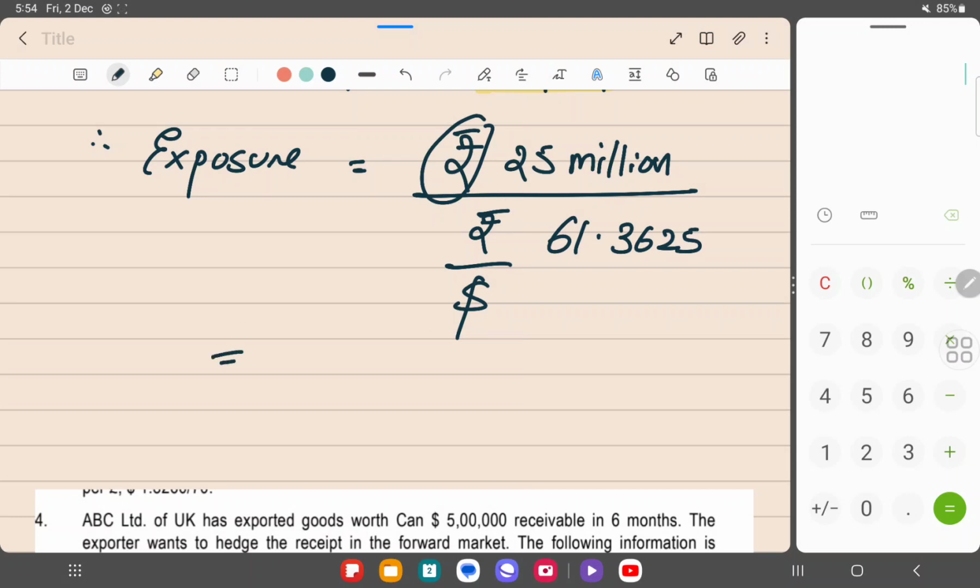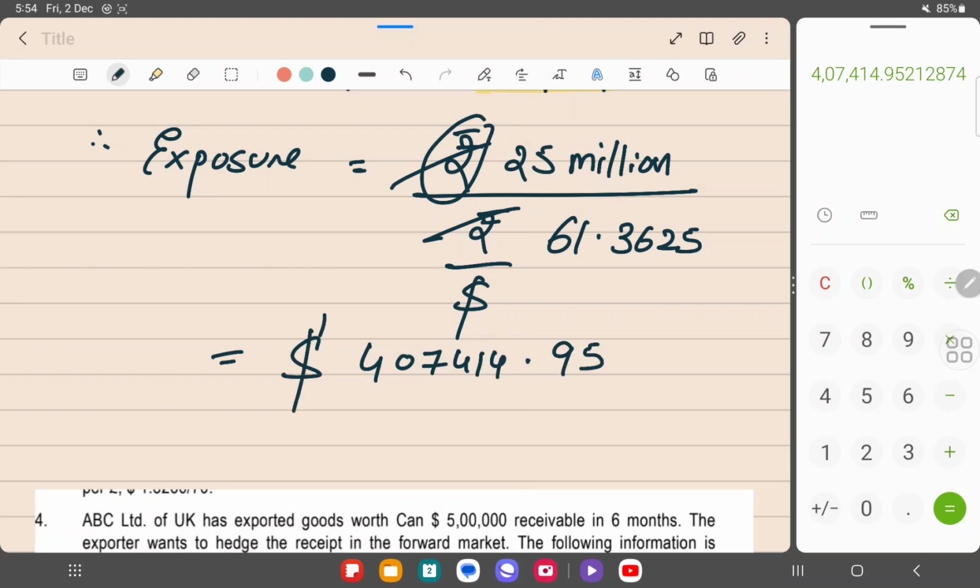So when you solve this, let's solve here. 25 million divided by 61.3625, which is 407,414.95 dollar. Very important, dollar. So now your exposure is dollars.